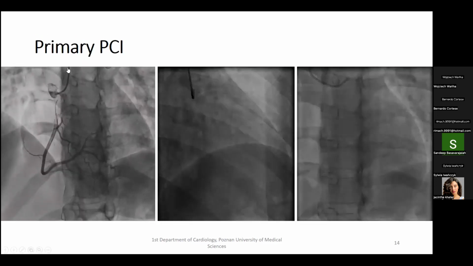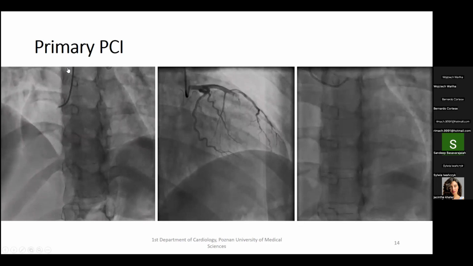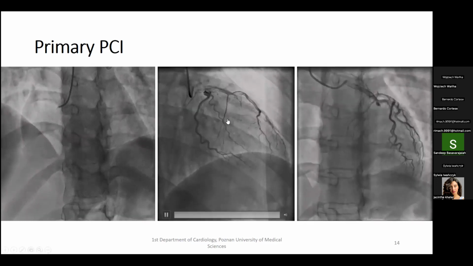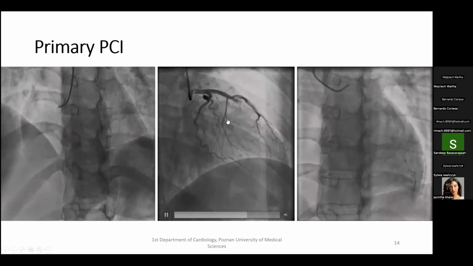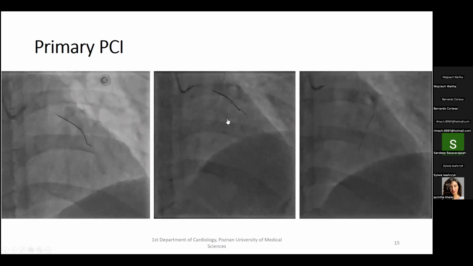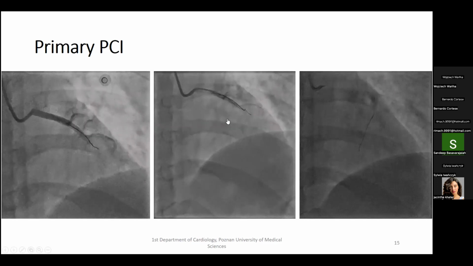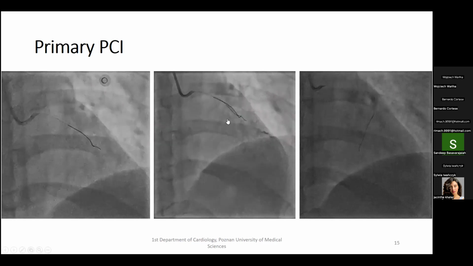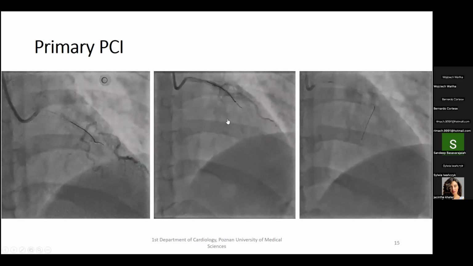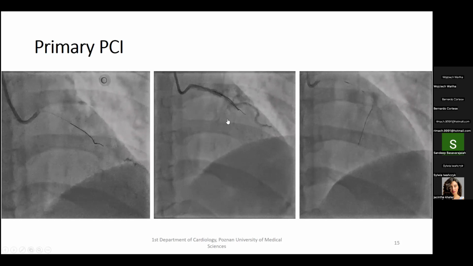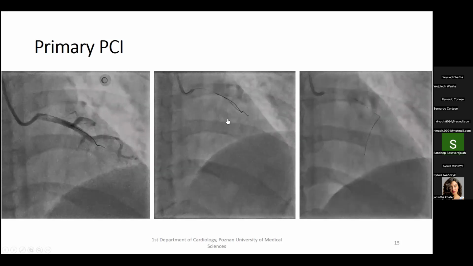This is the primary PCI, and there you can observe that there is a mid-LAD occlusion. There were many attempts to go with the wire through the lesion, but it was unsuccessful. So unfortunately, the flow didn't restore.